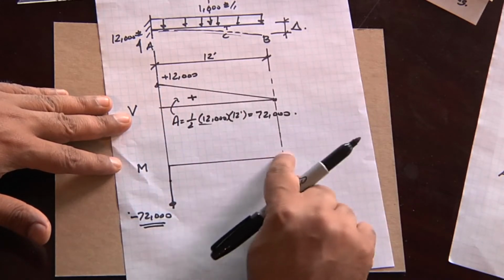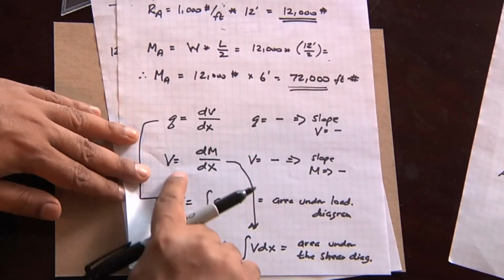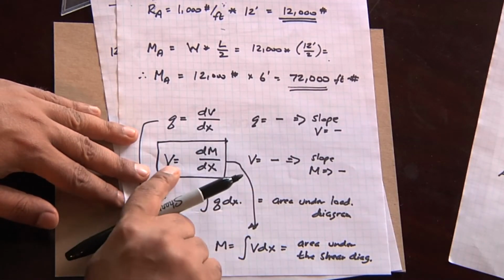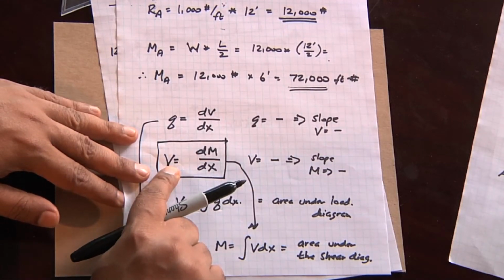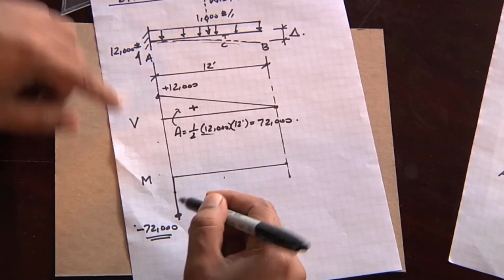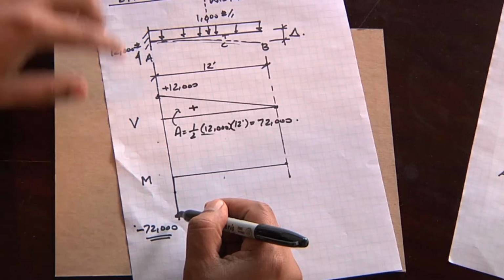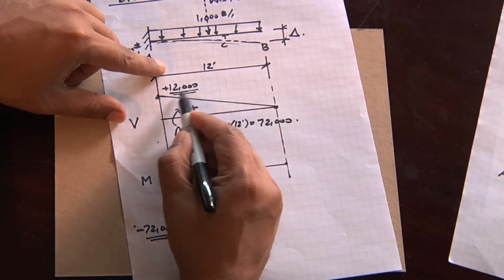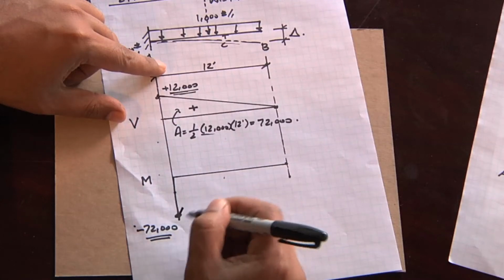Now what's the shape of the moment diagram? Well, going back to the equation that we learned, the slope of the moment diagram is the value of the shear diagram. Therefore, here the slope of the moment diagram is going to be plus 12,000, because that's the value of my shear diagram. So I'm going to have a very high slope here.